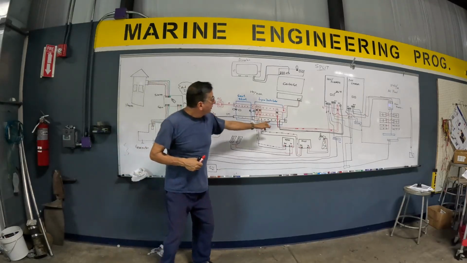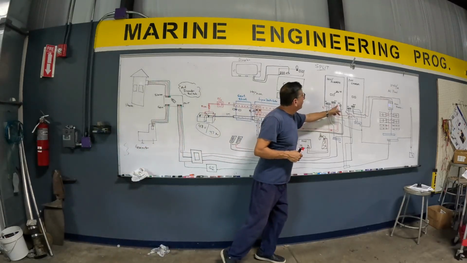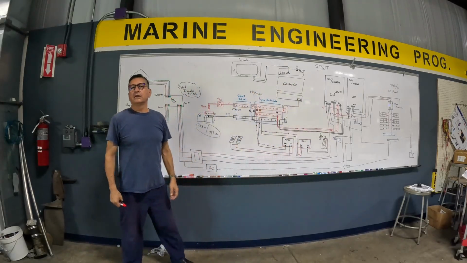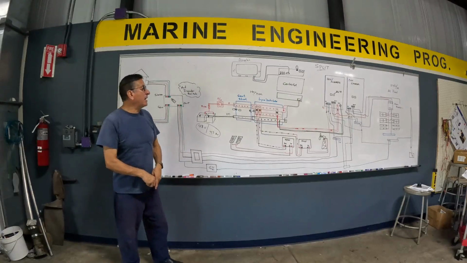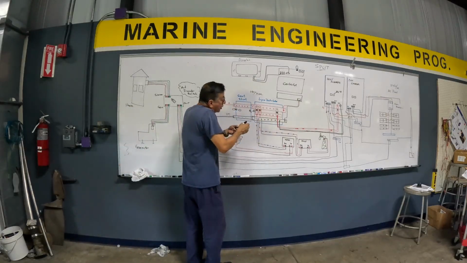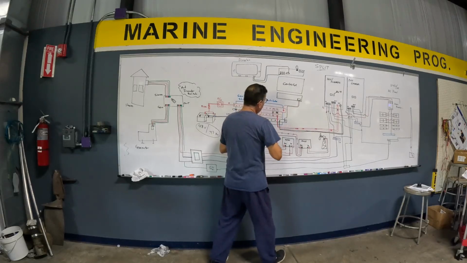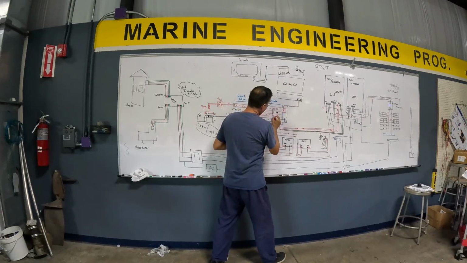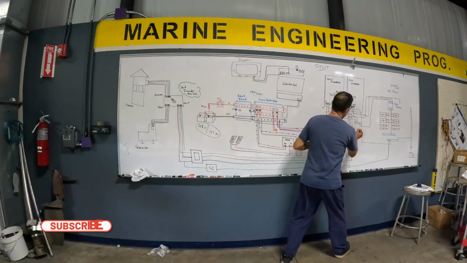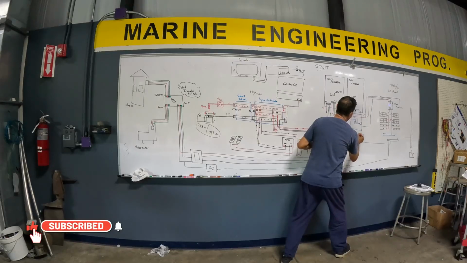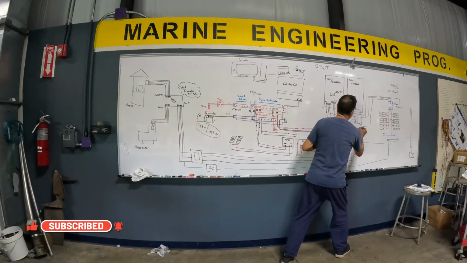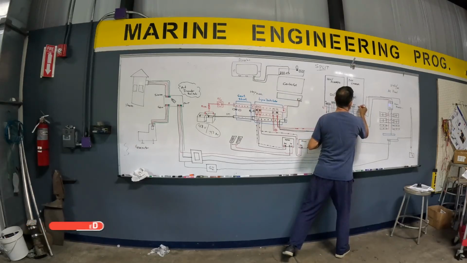I have positive and negative coming out for the first inverter, with a mega fuse. Oh, I need another mega fuse for another positive coming out for the second inverter. That one is coming here and entering here into the big positive.